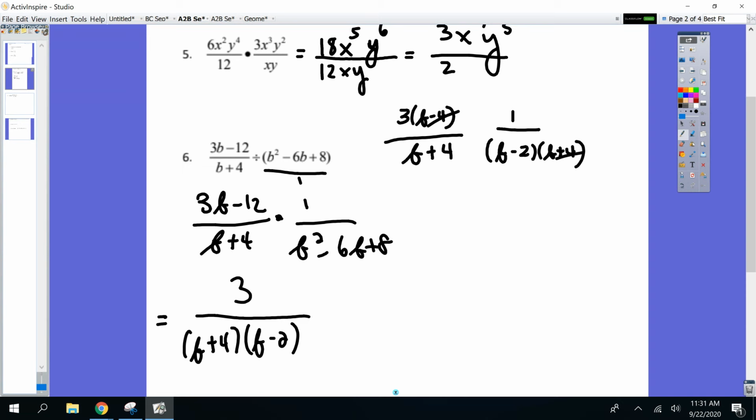So I'm left with a 3 on top, and on the bottom I was left a b plus 4 and a b minus 2.